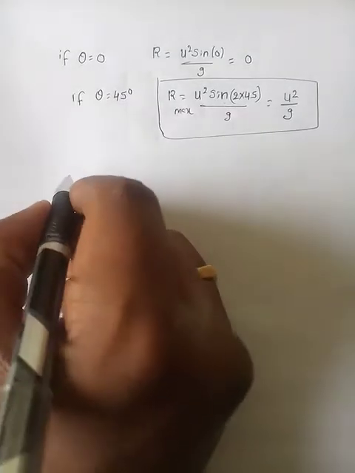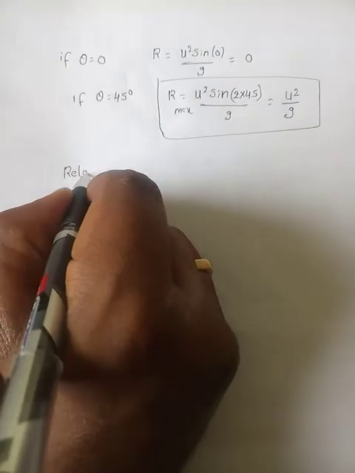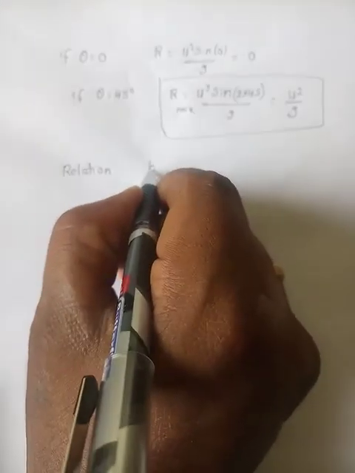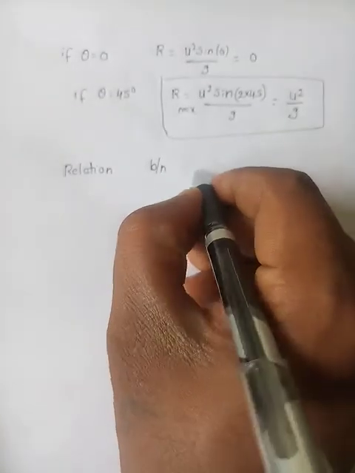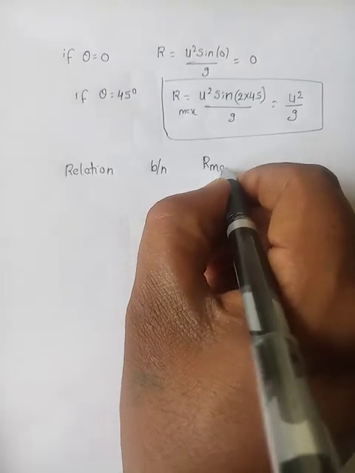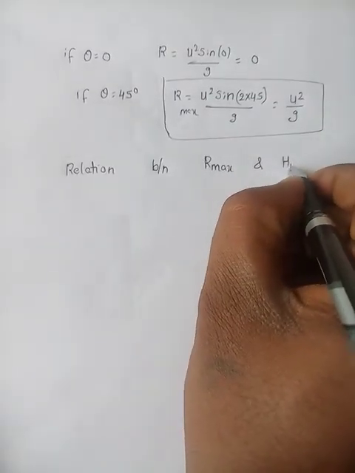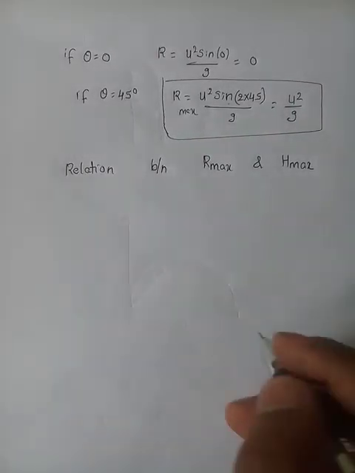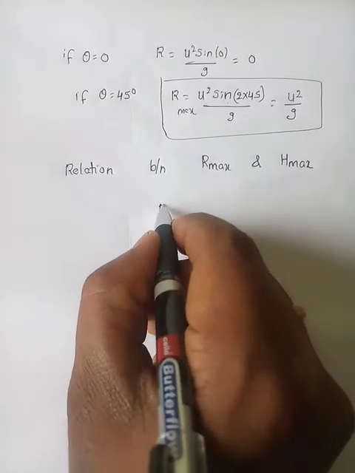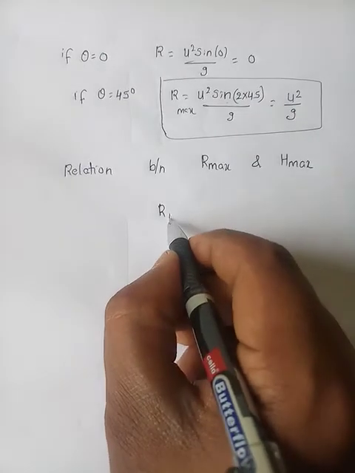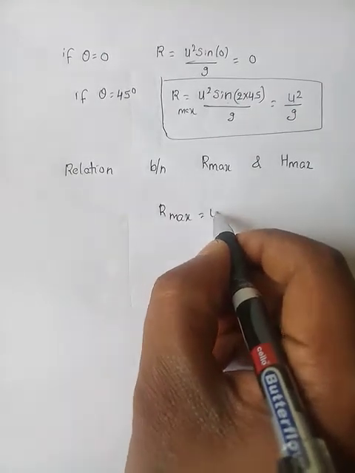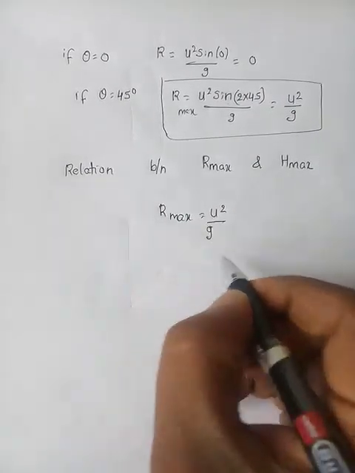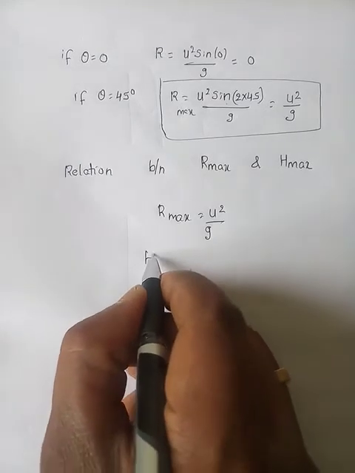Now let us see the relation between R maximum and H maximum. This is useful for problems. R maximum is equal to u square by g. What about H maximum?